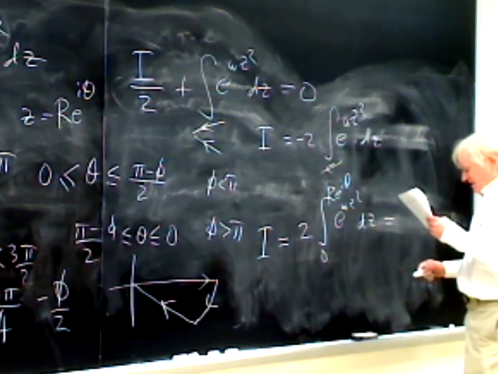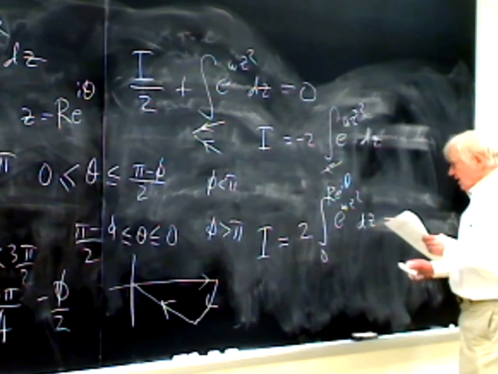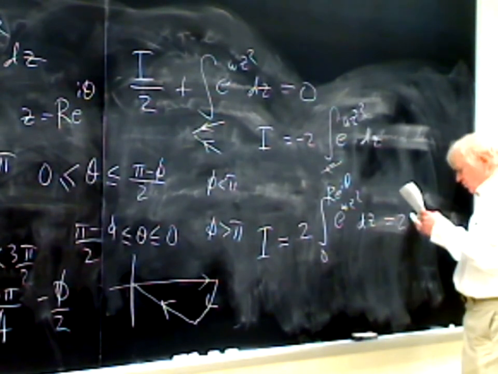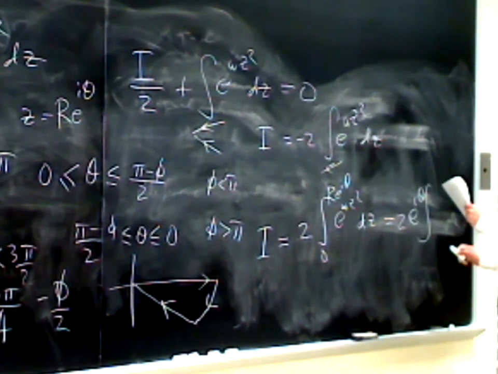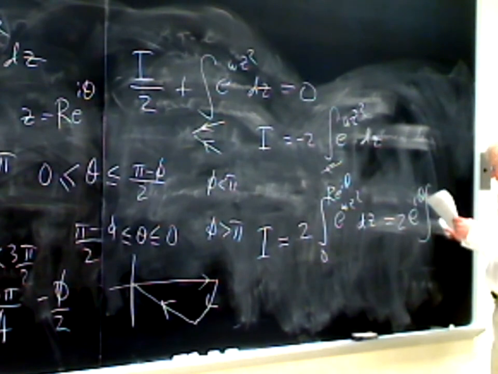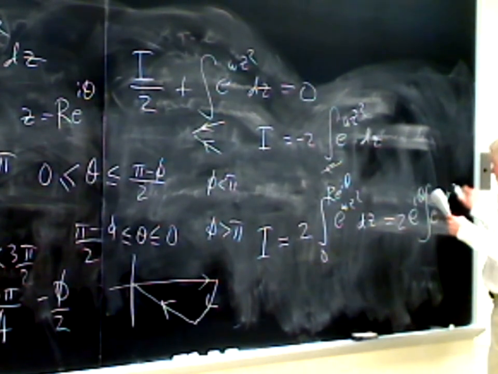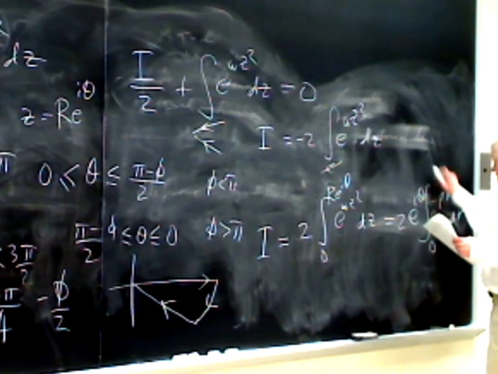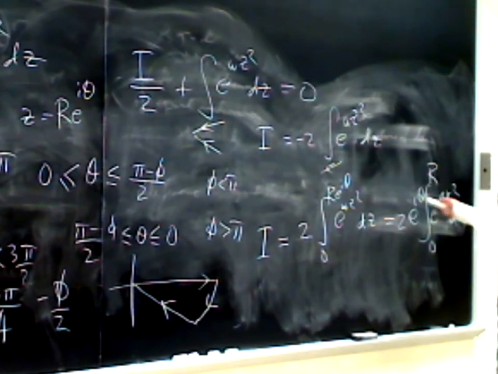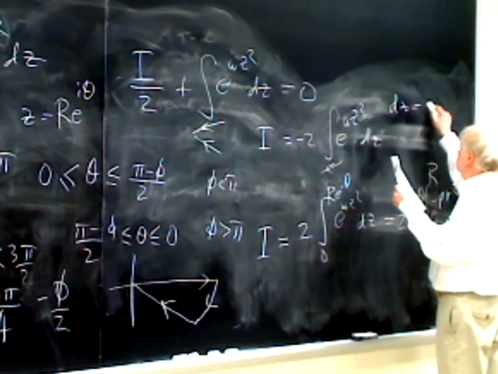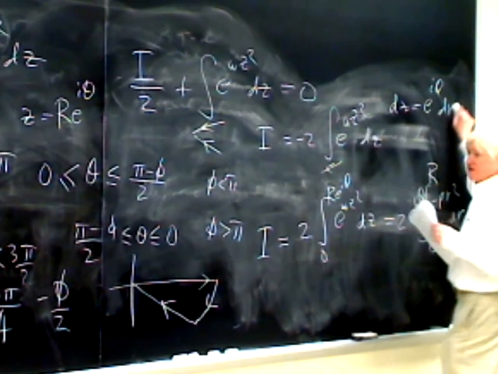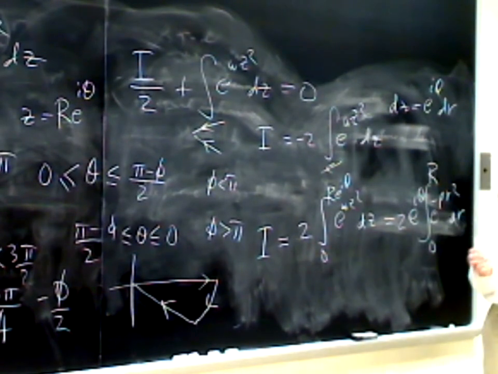And now this is 2 e to the I theta integral e to the minus rho r squared dr from 0 to r. The e to the I theta comes from the dz, and here dz is equal to e to the I theta dr. Normally when we did a dz, we were going along theta.